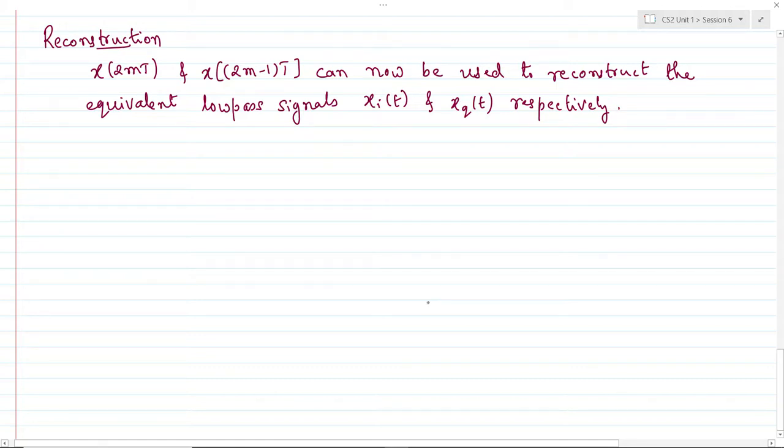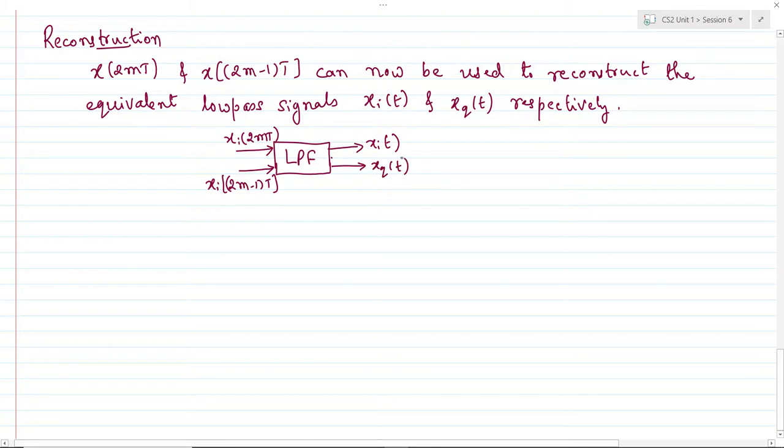So the output of this low pass filter is the convolution: we pass xi of 2mt, these are the samples in fact, and xi of (2m minus 1)t through a low pass filter, and try to get xi of t and xq of t back, and hence together we can construct the original bandpass signal. So the outputs of this low pass filter, xi of t and xq of t, are respectively the convolution of the input samples xi of 2mt and xi of (2m minus 1)t with the impulse response of the low pass filter, where the impulse response is sinc pi t over t.